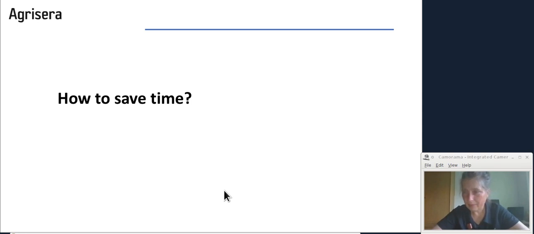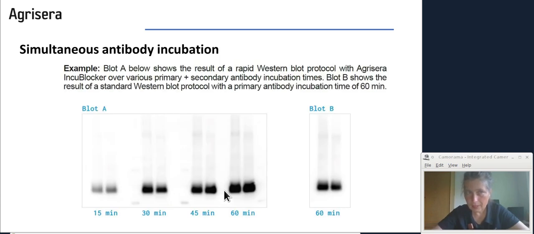How to save time? There are certain tricks in the case of Western blot which can be used to shorten the whole procedure. For antibodies of high titer, a simultaneous incubation can be performed, so everything happens at once. Blocking, primary and secondary incubation happen at the same time.